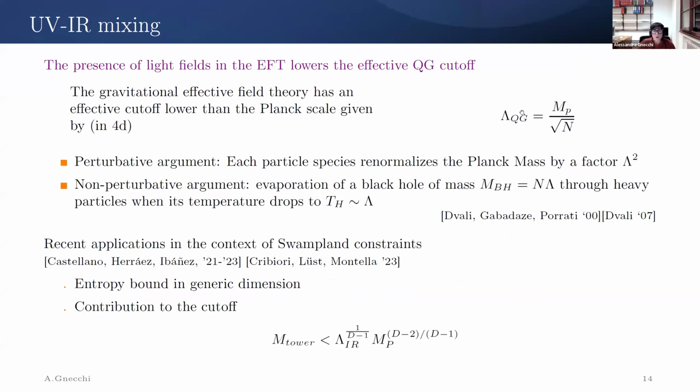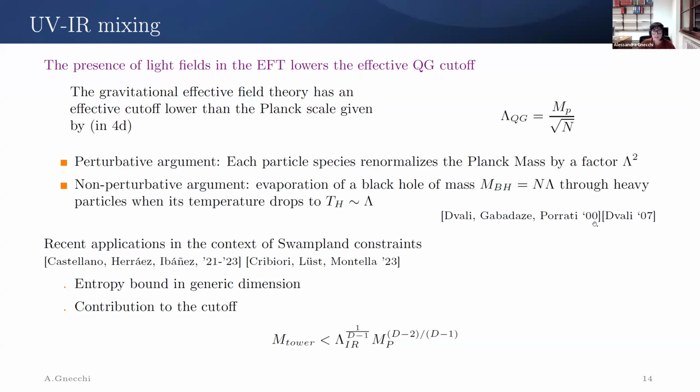Okay, a more concrete bound between UV and IR is the species scale. The presence of light fields in the effective field theory renormalizes the Planck mass, the propagator of the graviton, and then the Planck mass gets reduced by a factor 1/√n. We can also see it by the evaporation of a black hole, which has a certain global charge with respect to all these particles.